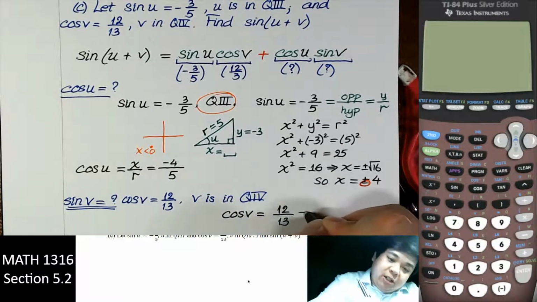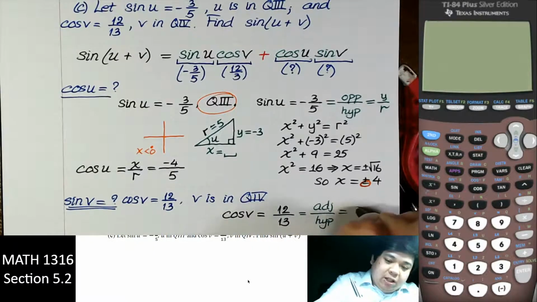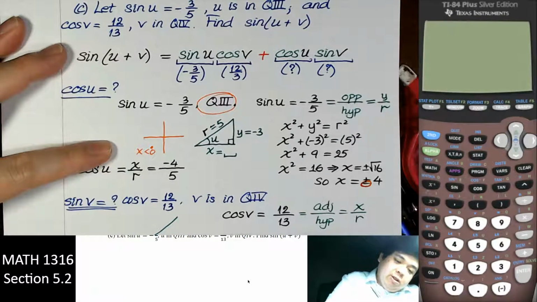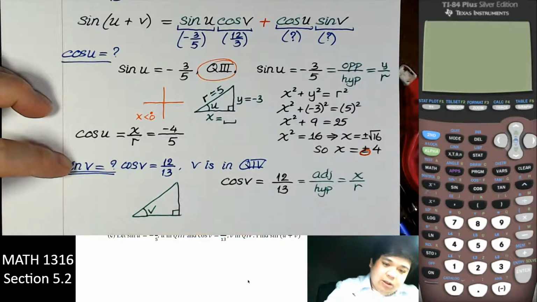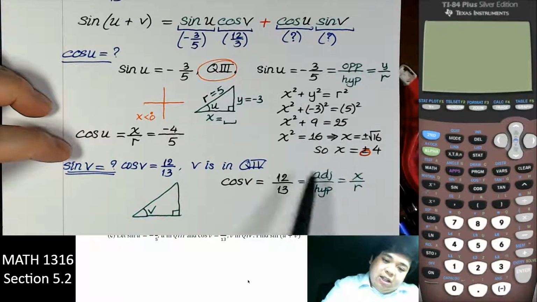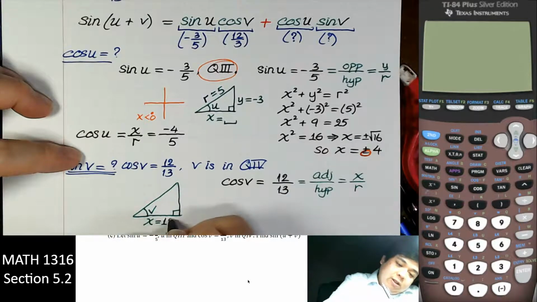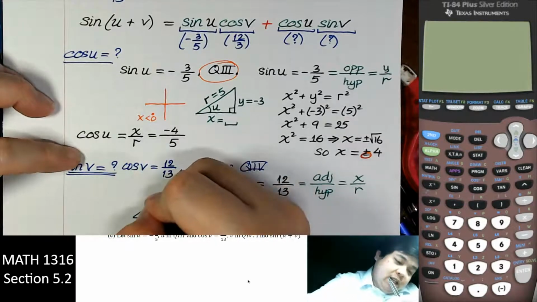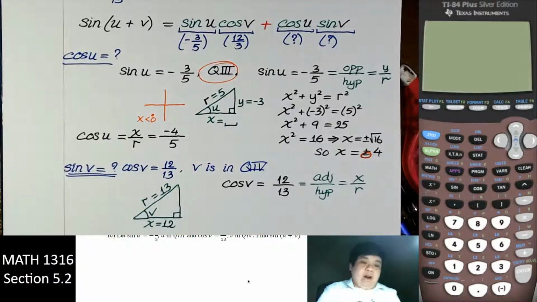Cosine is adjacent over hypotenuse, or x over r. So we have a triangle. The angle is v. X, or adjacent, is 12. Hypotenuse, or r, is 13. From this we can find y easily.